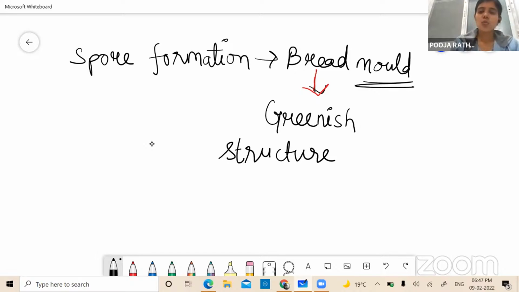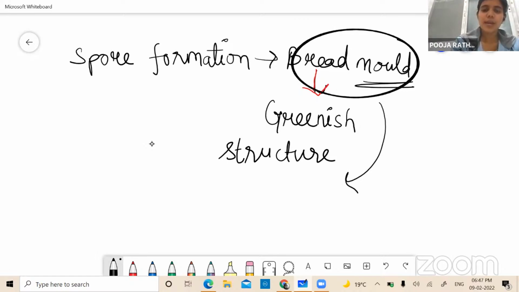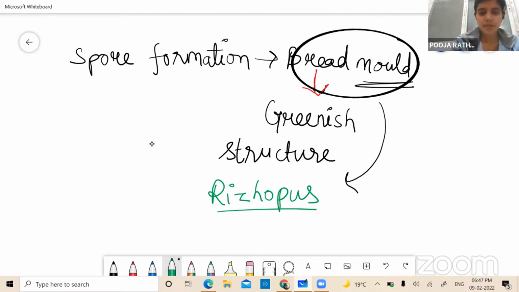The name of this bread mold is Rhizopus. Rhizopus is the bread mold which grows over bread when we keep it for a long time in a moist environment.